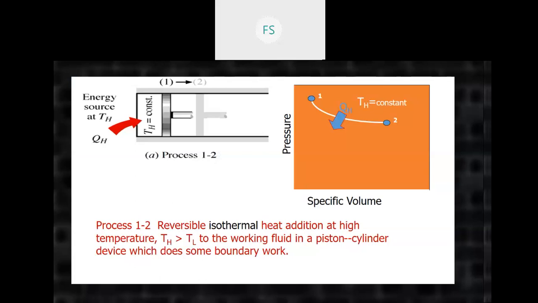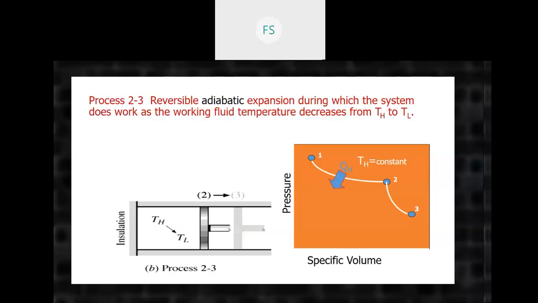From the initial state, the piston expands to the second state. The temperature at the source is TH, and heat is absorbed by the substance. That's why the piston moves outward, to the right side. During this process, the temperature is constant at TH.